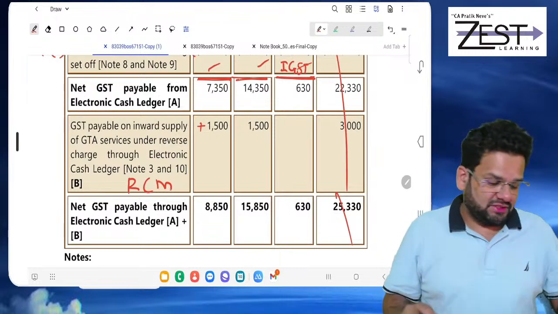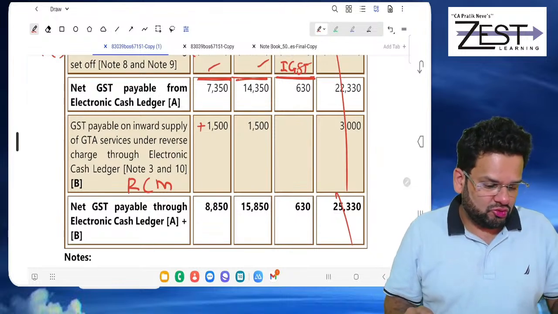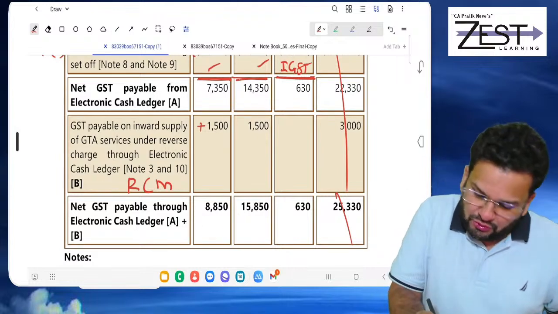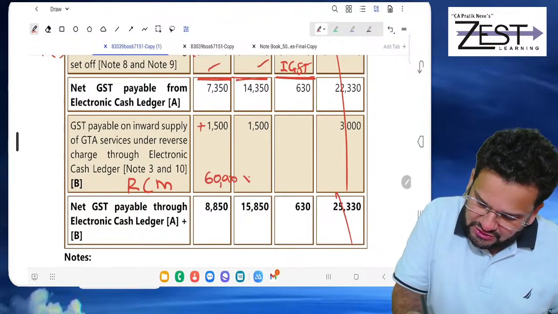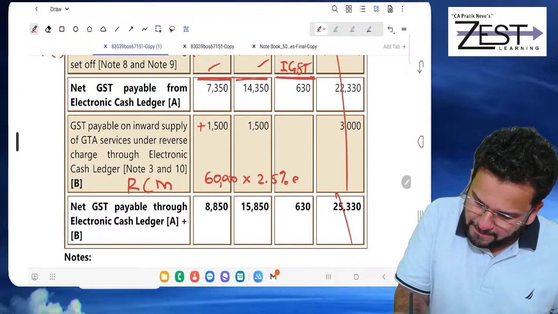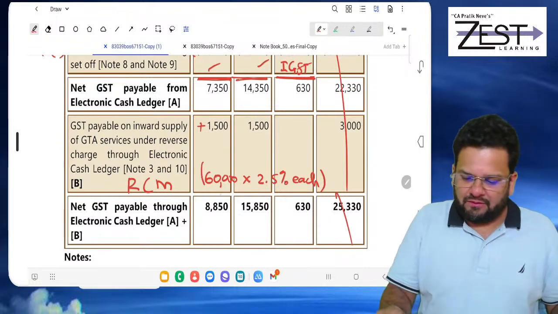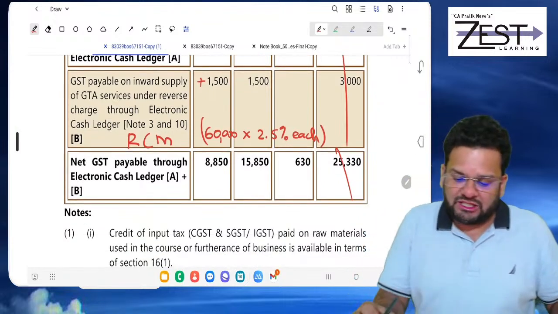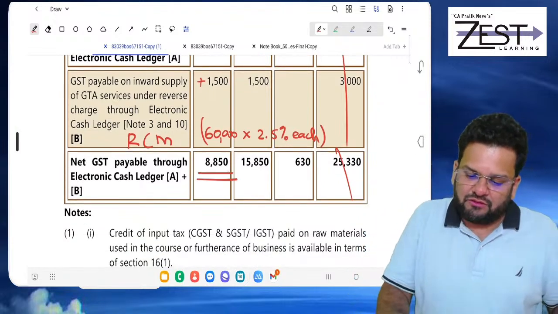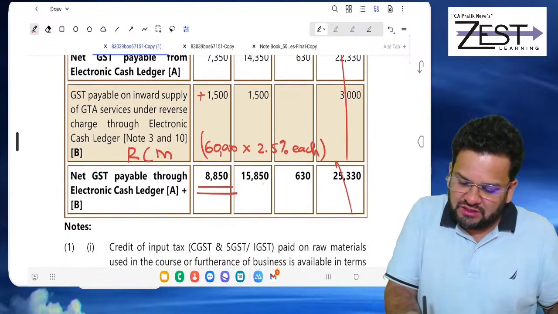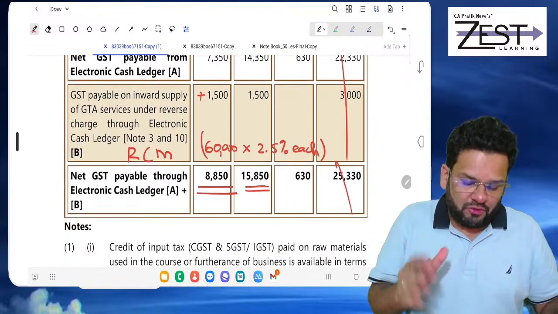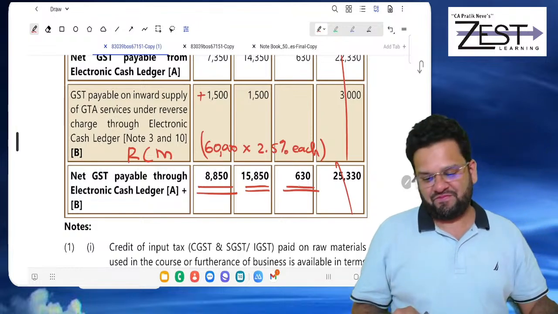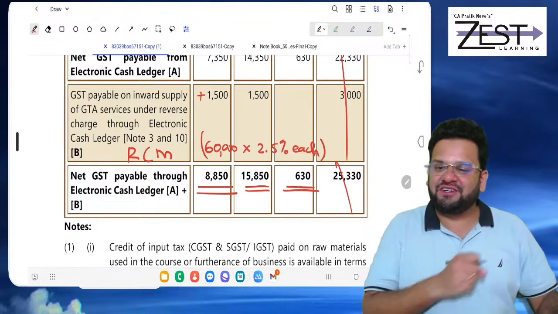That is your 60,000 rupees into 2.5%. 60,000 into 2.5% each. So please pay that. Eventually, your net GST payable through eCash ledger is 8850 for CGST, 15,850 for SGST and for IGST 630. Are you getting these figures?